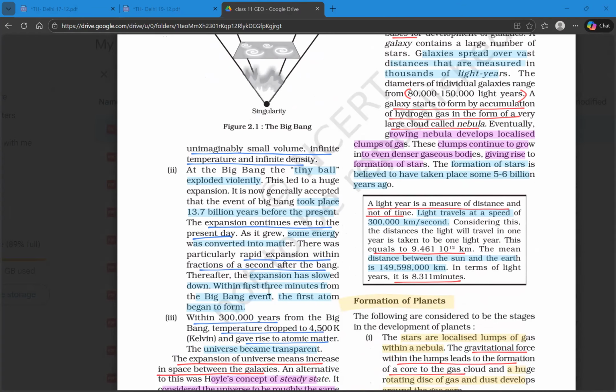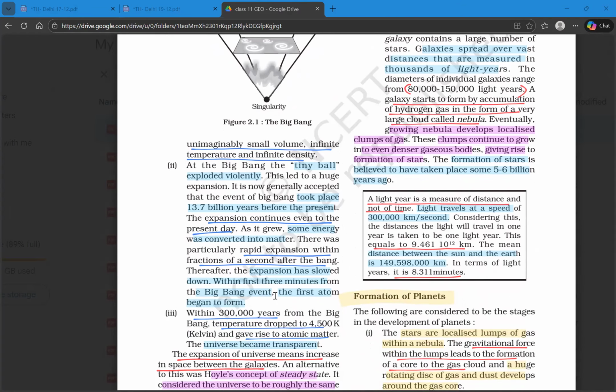Within the first 3 minutes from the Big Bang event, the first atom began to form. And the next one, within 300,000 years from the Big Bang event, temperature dropped to 4,500 Kelvin, and this gave rise to atomic matter, and also the universe became transparent.